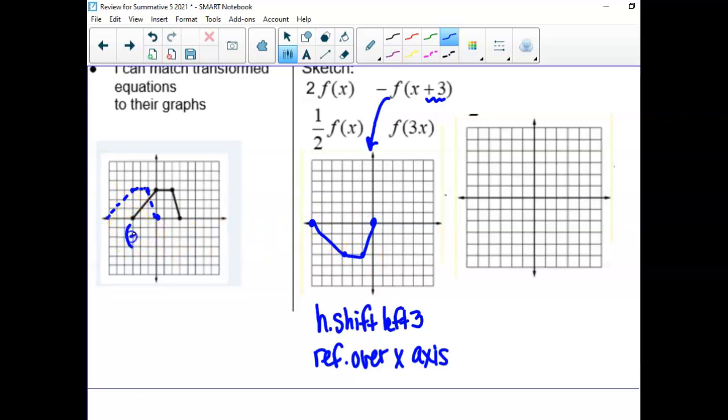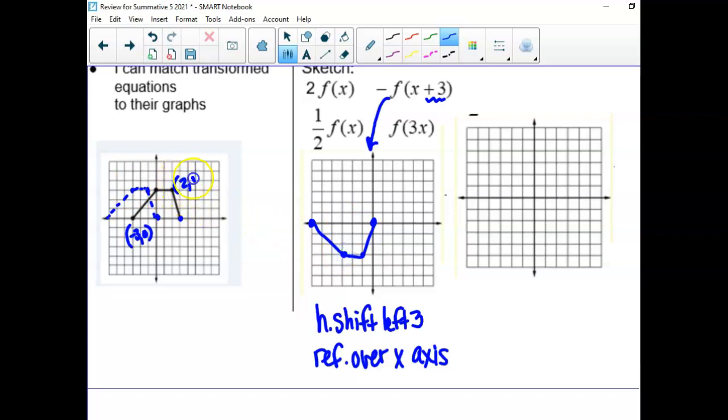All right, so this one was at -3, 0. It moved to -6, 0, because it shifted left 3. This was at +3, 0. It moved to 0, 0. This one was at 0, 3. So it shifted left 3 to -3, 3, and then the reflection put it down at -3, -3.